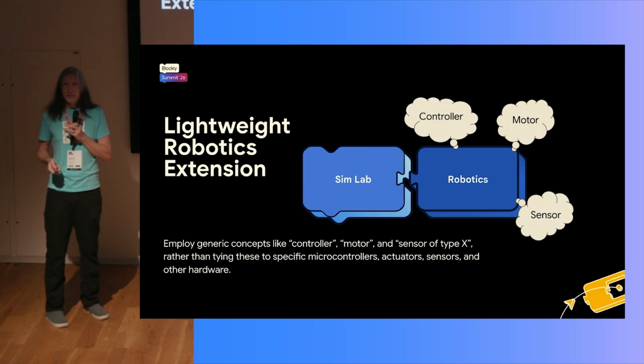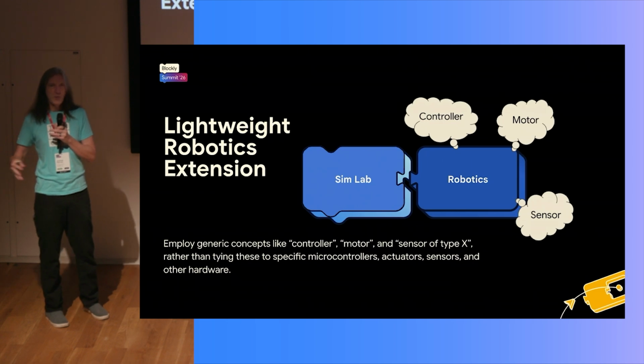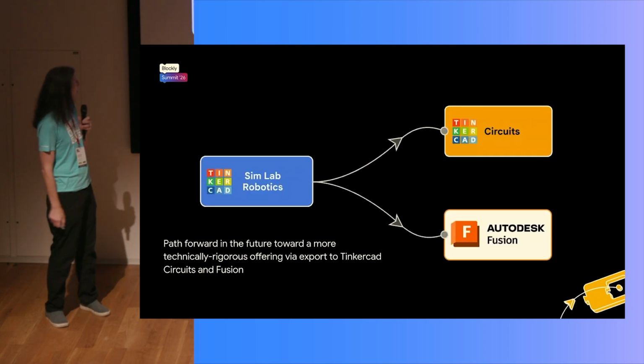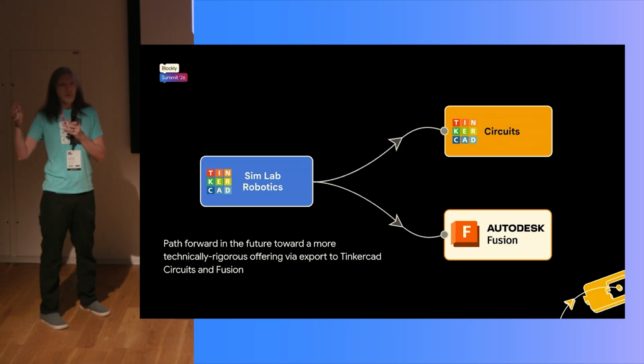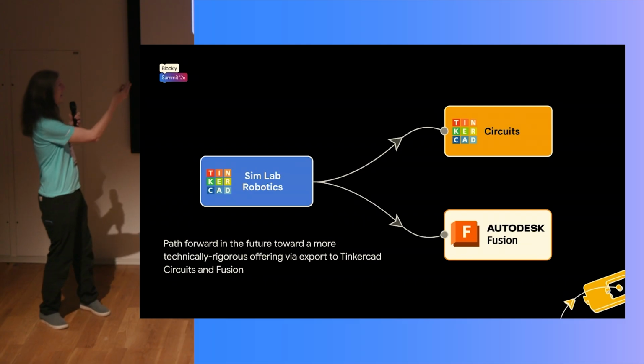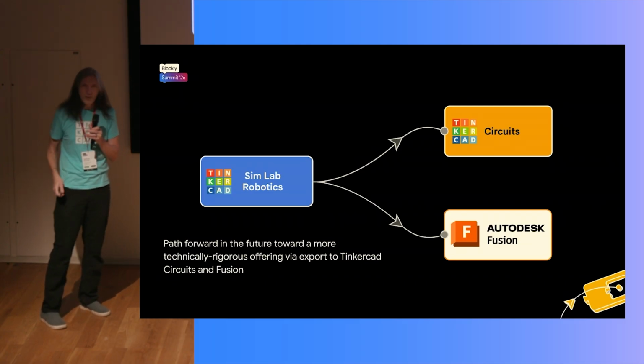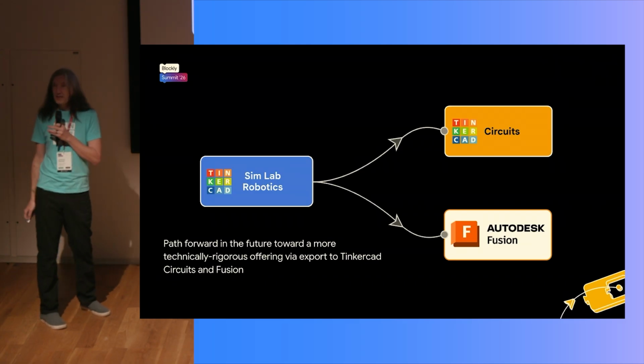That means users don't have to know a specific piece of hardware, just a general concept. This also gives us a future path if we want to go to a more technical offering: starting in robotics and then producing, say, a circuit that is equivalent to the hardware you've designed, in circuits or in a professional product like Fusion.